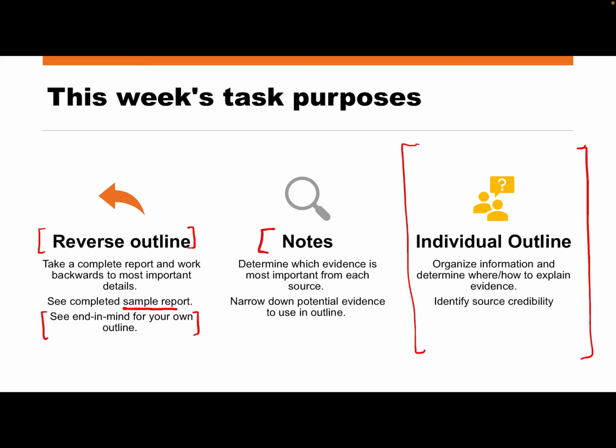The second assignment is your notes for this week. The goal here: determine which evidence is most important from each source. I'm also going to write, evaluate each source, because particularly in the Cambodian women one and the heroin epidemic sample that I used for my sample outlines that you can take a look at as a guide, they talk about either gaps within the sources or how the sources combine.